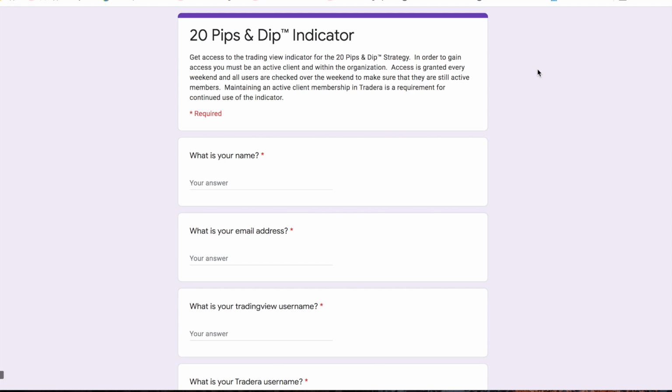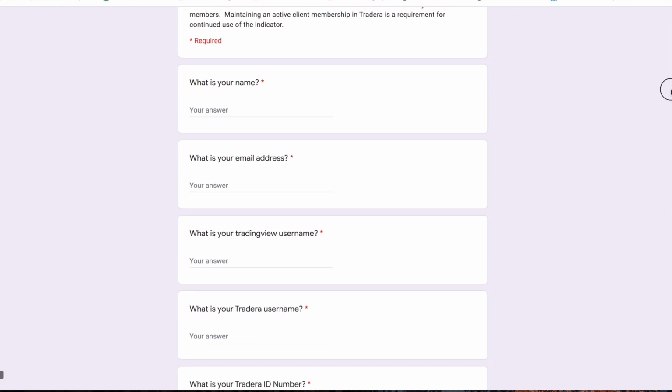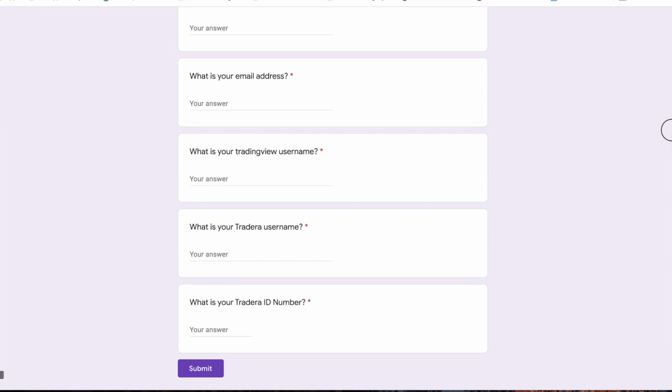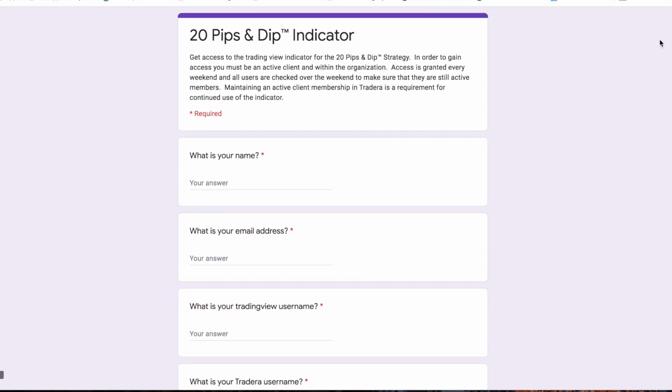If you remember, you now already know how to access your Tradera information as well as your TradingView information. So make sure you fill this information out and all the information is correct: your name, your email, your usernames, your IDs, and at the same time, as it's required, make sure that you have an active client membership, right?